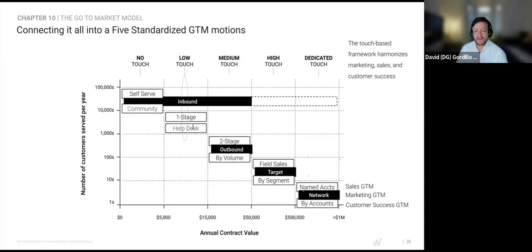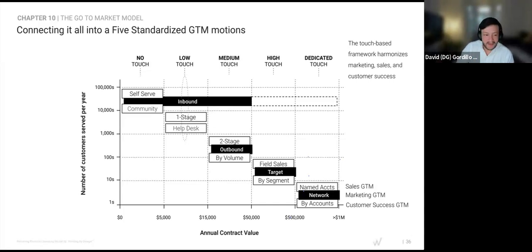This hopefully already is giving you an idea on how you could start structuring your teams when you go to market, in particular, starting with the account annual contract value that you have in your organization.